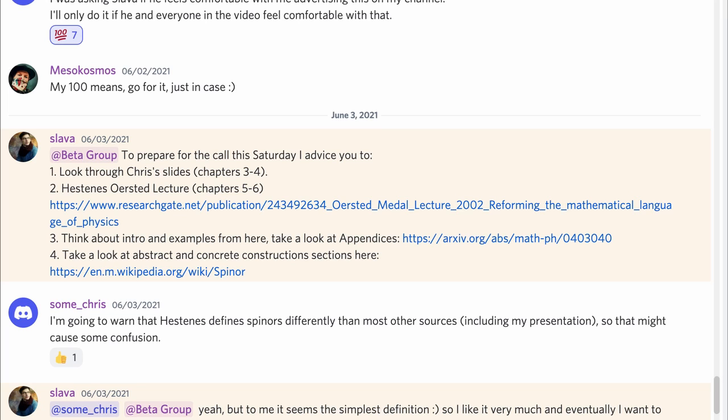Yeah, please send it, because I think it will help me get in touch with those different representations. Yeah, there's a lot of people who say spinors are minimal left ideals, but when people give me an abstract definition without examples, it's really hard for me to understand.